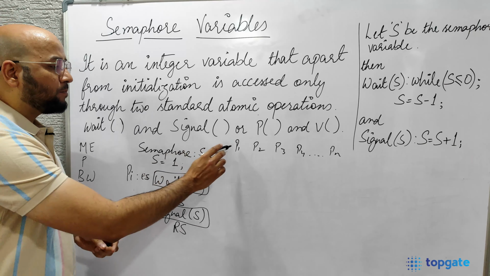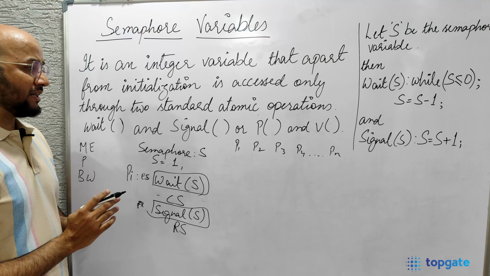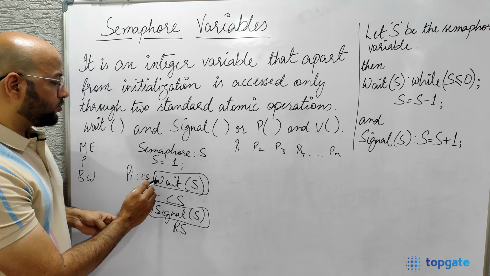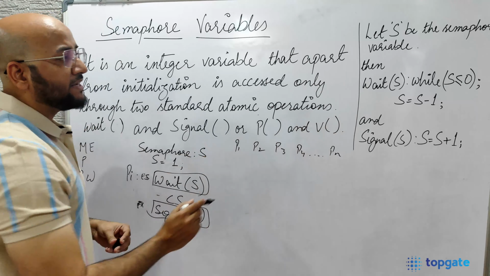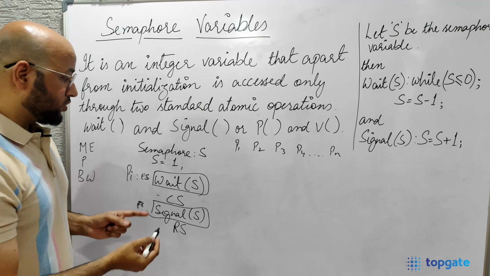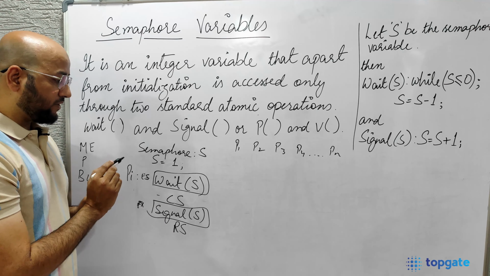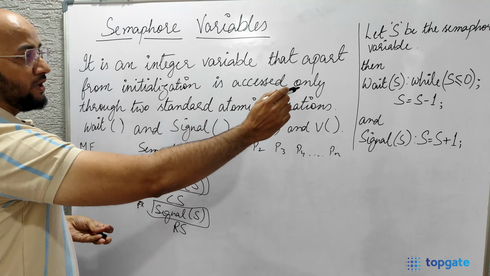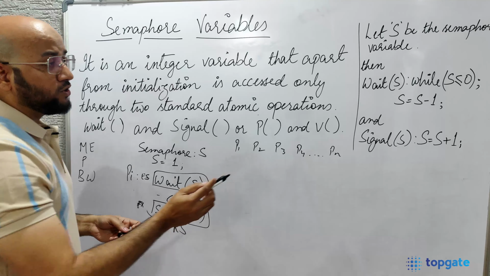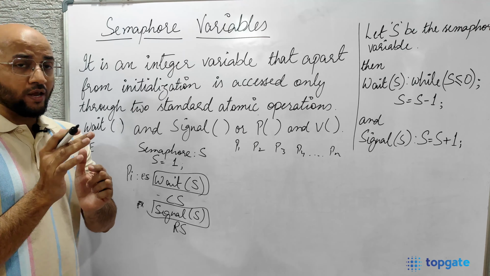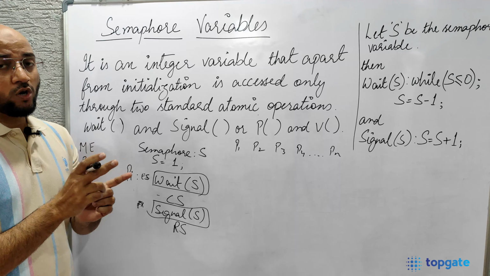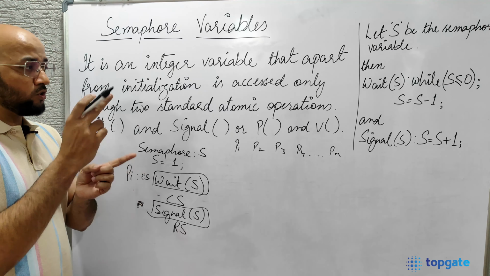Let's suppose P1 wants to go to the critical section right now. P1 will execute wait s. Wait s means while s is less than or equal to 0. What is the value of s right now? The value of s is 1. So it finds the value of s as 1, which is not equal to or less than 0; it is more than 0.